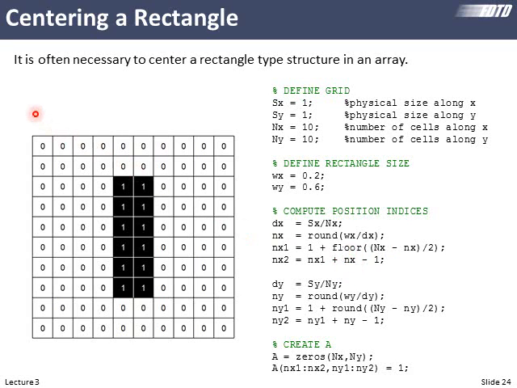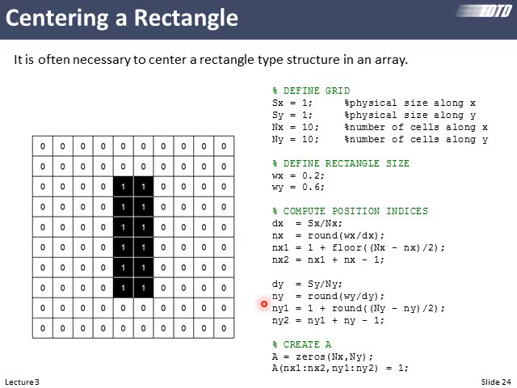So we would start in 1, 2, 3, 4, 5. So nx1 will be 5. If we said 5 plus 2, without putting this minus 1 here, we would have a 7. And if we fill that in, we actually would have filled in 3 cells, 5, 6, and 7. But it's not, it's only 2 cells wide, so we have to subtract 1 for our stop index.